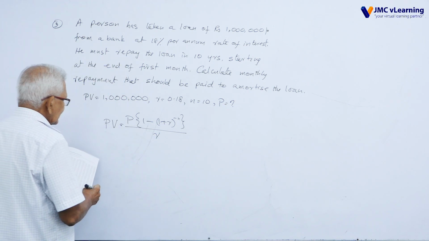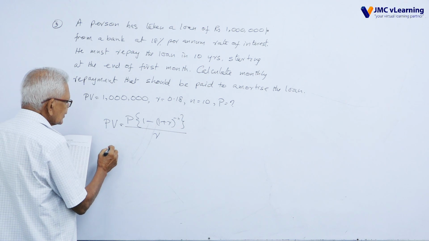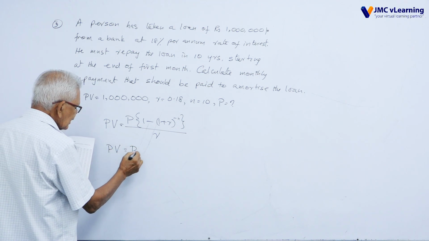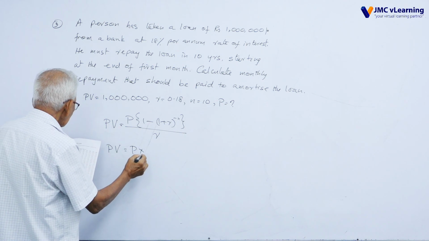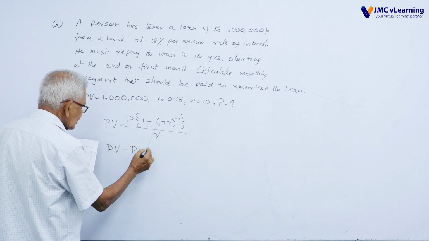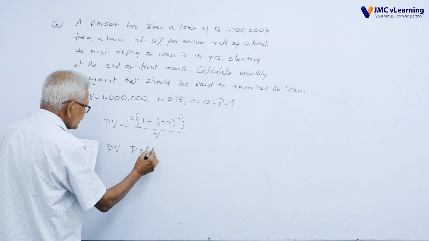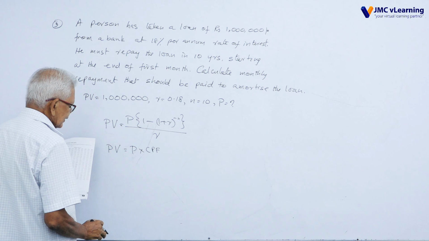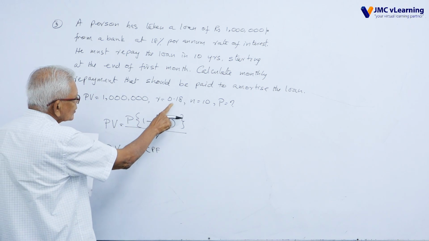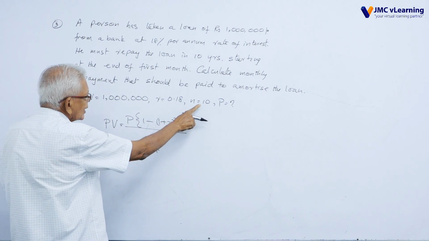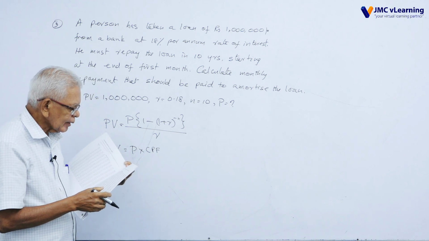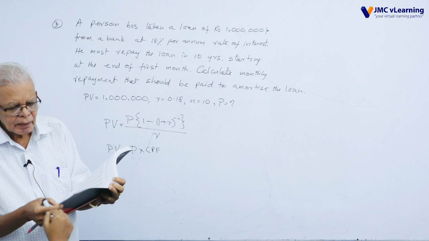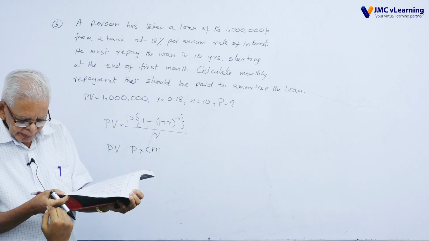Now the present value is equal to P times the cumulative present value factor. Then in this question, r equals 18% and n equals 10. Do you have the table?